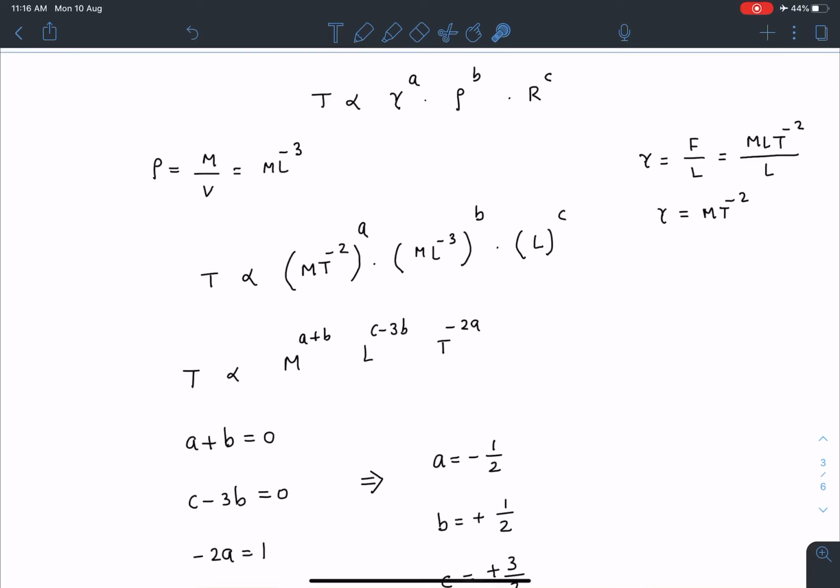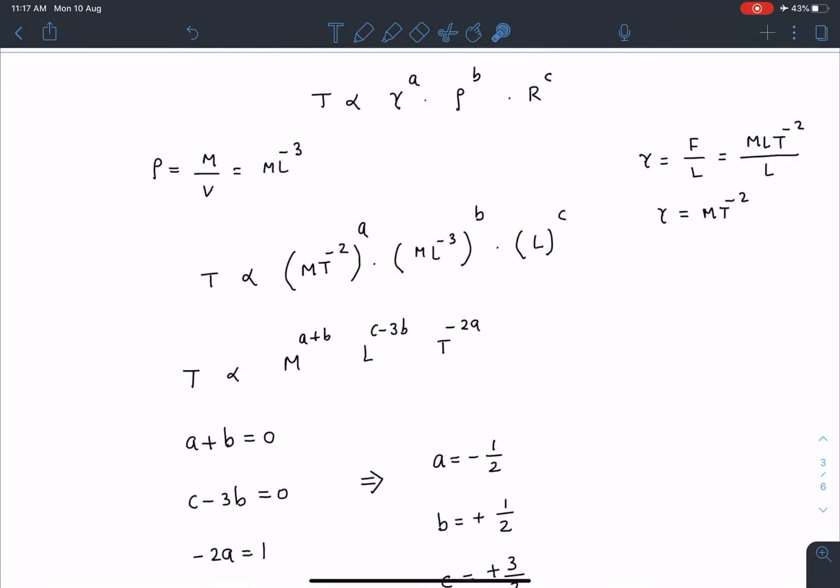So when I combine these terms, the time period will be proportional to M^(a+b), L^(c-3b), and similarly T^(-2a). From here, on the other side there are no dimensions of M and L, so definitely a plus b should be 0, c minus 3b also should be 0, and minus 2a must be equal to 1.